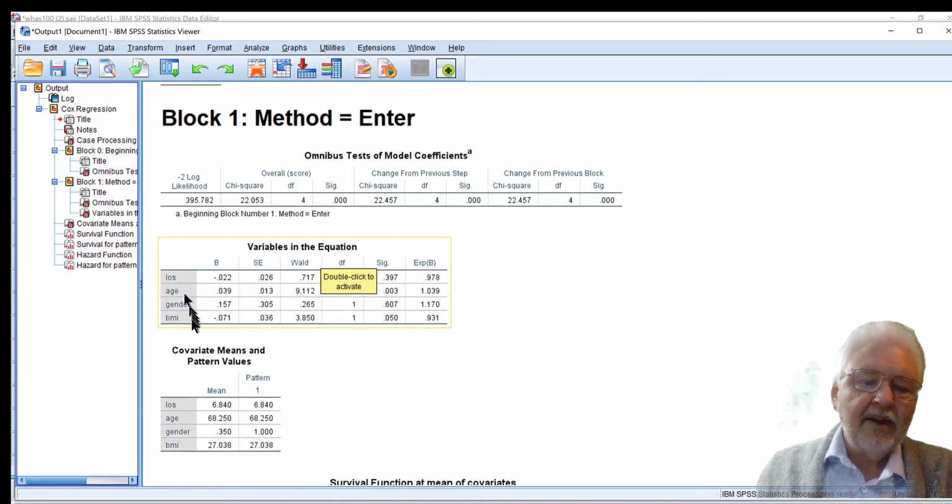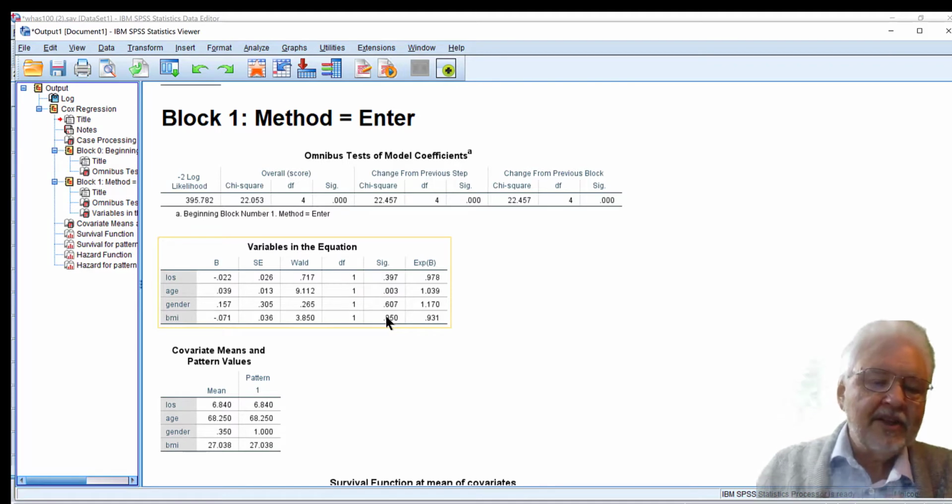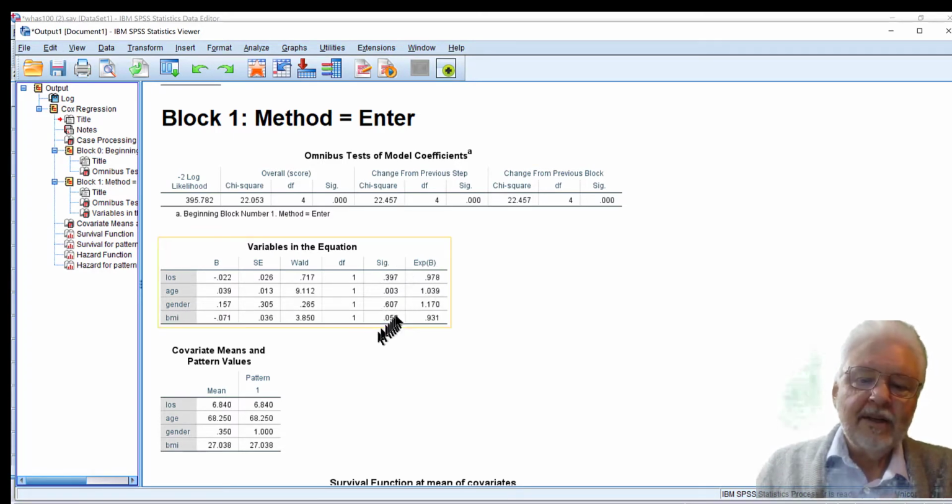The hospital length of stay and gender are actually not too significant. You would say, well, I would think gender would be, but remember, these are all patients who started out in the study by having a heart attack. So you've already taken the advantage of being a woman away by the sample.